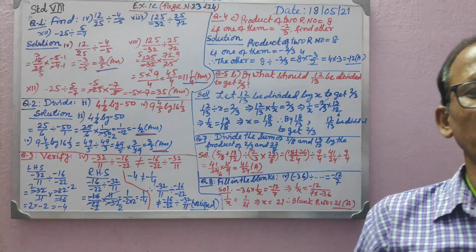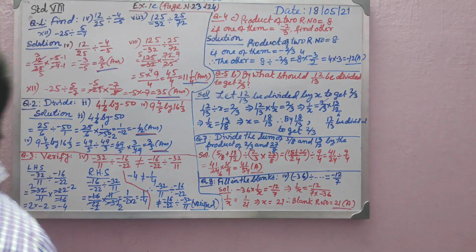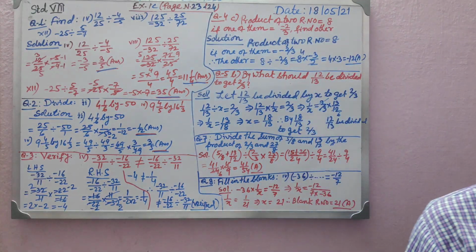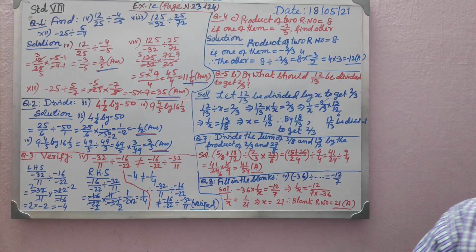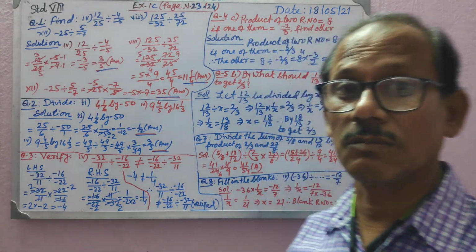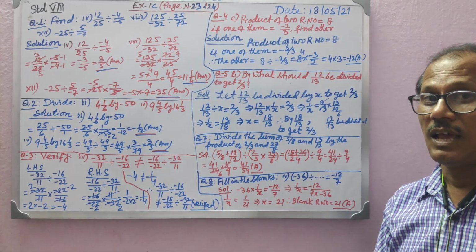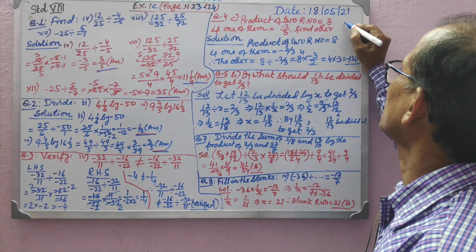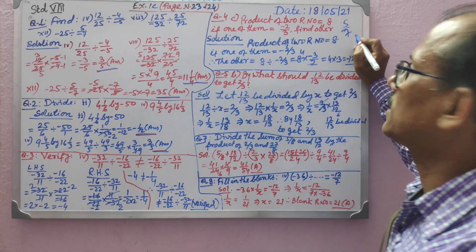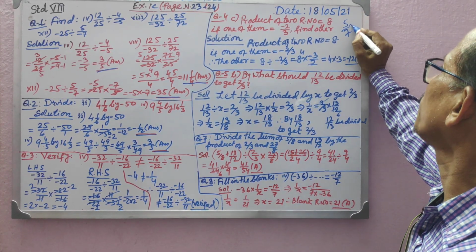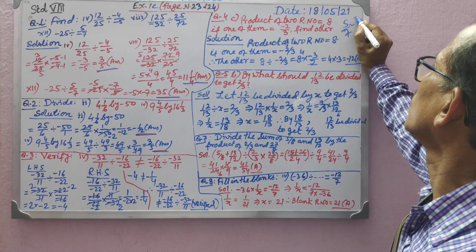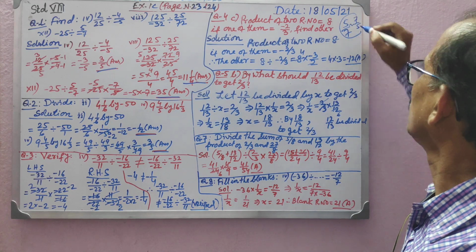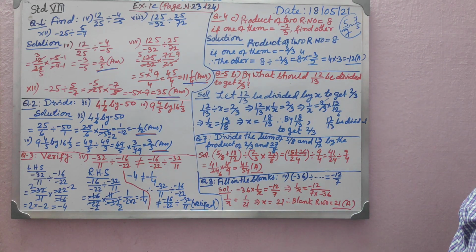What you learned in the previous standard for fractions, when dividing one fraction by another, is that the divisor fraction becomes its reciprocal. You must not have forgotten what reciprocal is, and I said in my previous video also, the reciprocal of any fraction, say 5 by 7. 5 by 7 is the fraction. Its reciprocal will be, the denominator goes to the numerator and the numerator comes to the denominator. This is what is called reciprocal. Could you understand me? So you must not forget this.